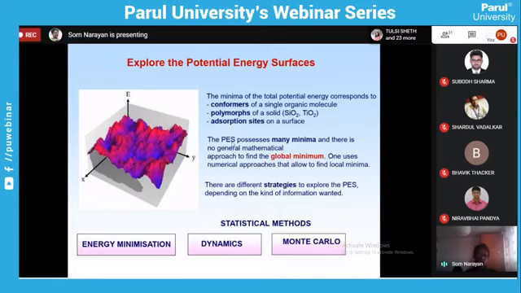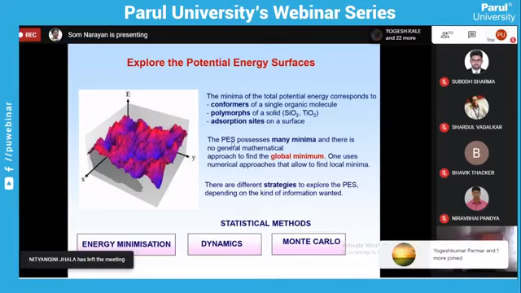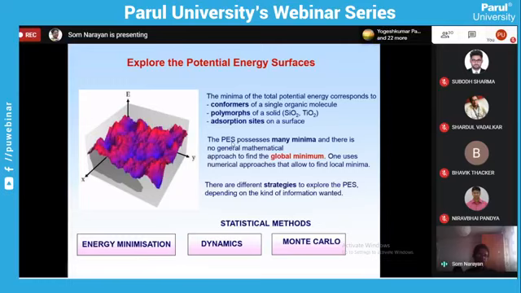So what are the methods? From that we get energy minimization. What is energy minimization? We know that any system is stable when its energy is minimized. So energy minimization is one of the methods. Then there are statistical dynamics methods and Monte Carlo if it goes beyond 10^23 atoms.